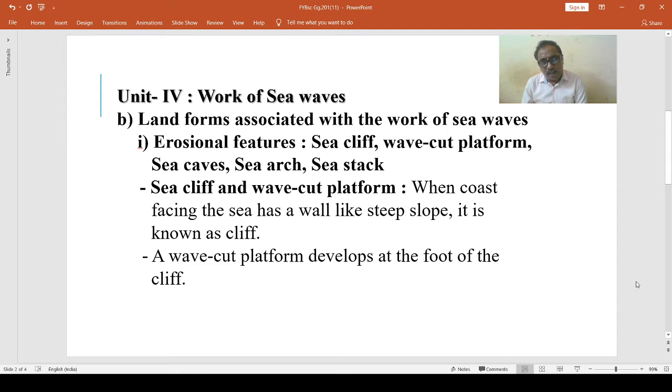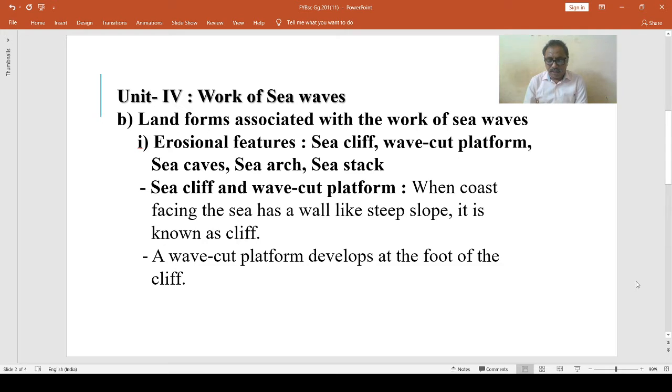The erosive power of sea waves depends partly on the velocity of wind. Marine erosion requires several factors, and these factors are the types of coastal rocks.